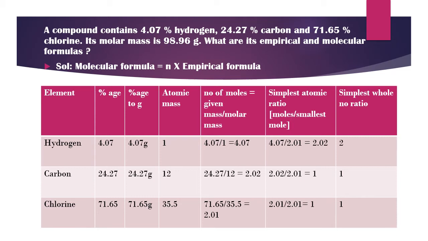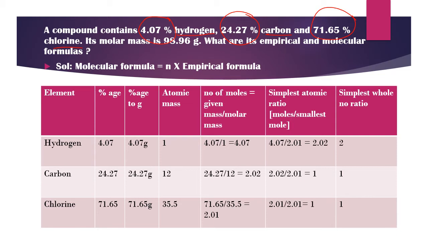So in the first column, we will write the elements which are mentioned in the question. In the second column, we'll write the percentages. That's the mass percentage. In the third column, we will convert that mass percentage to grams.